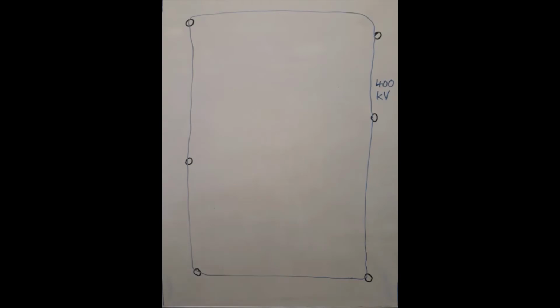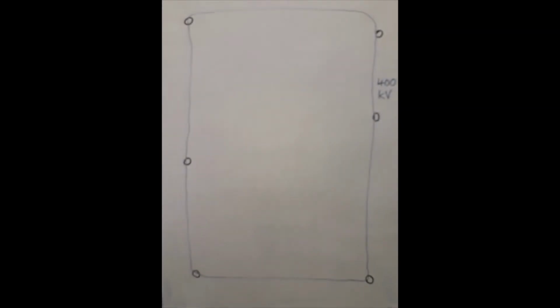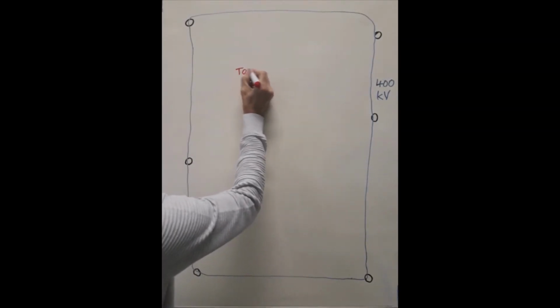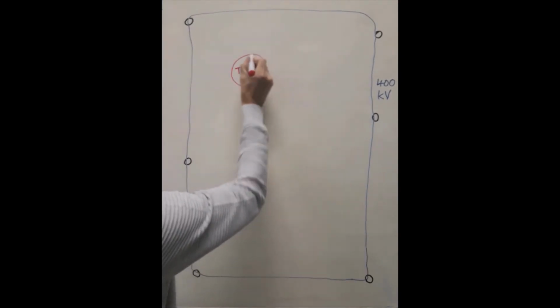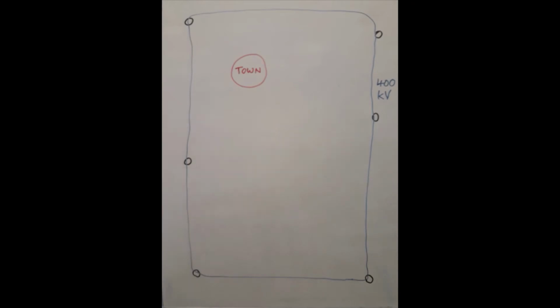400 kV is a problem as we get into towns, so we need things to be at a lower voltage as we get closer to a town. So let's have a town. Here is a town anywhere in the UK.